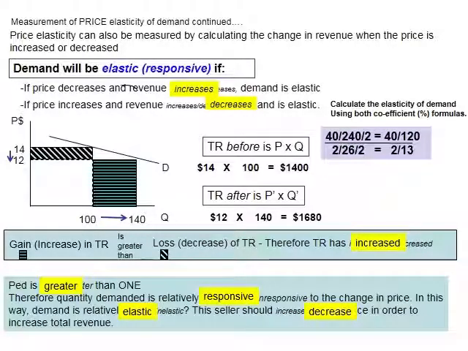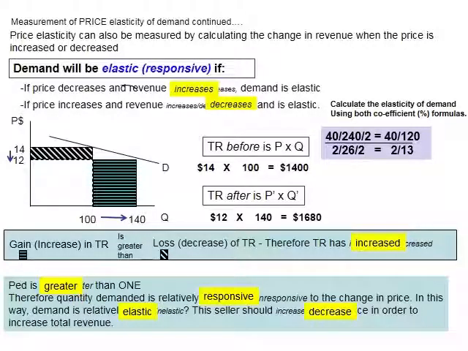Now let's have a look at the coefficient method. We're substituting into the midpoint formula. Change in quantity, 100 to 140, so change of 40. Q1 plus Q2, 100 plus 140 divided by 2, 120, which comes to 40 over 120.